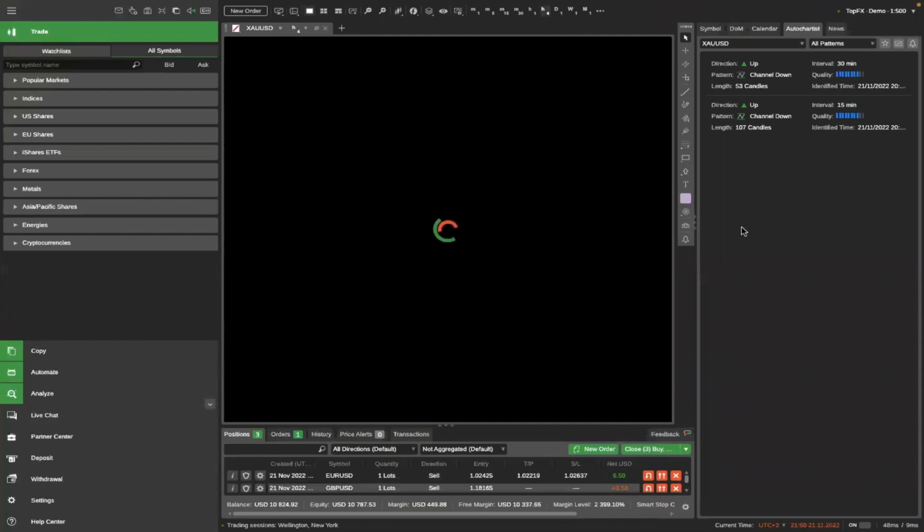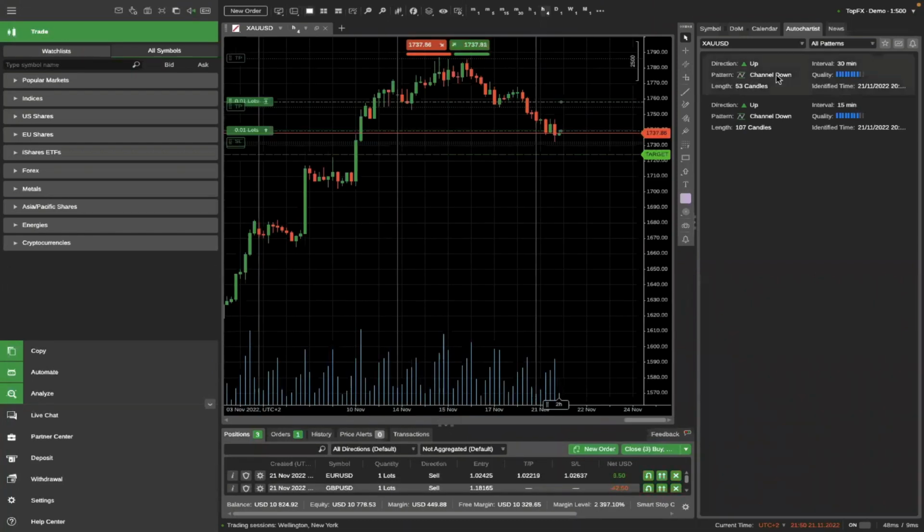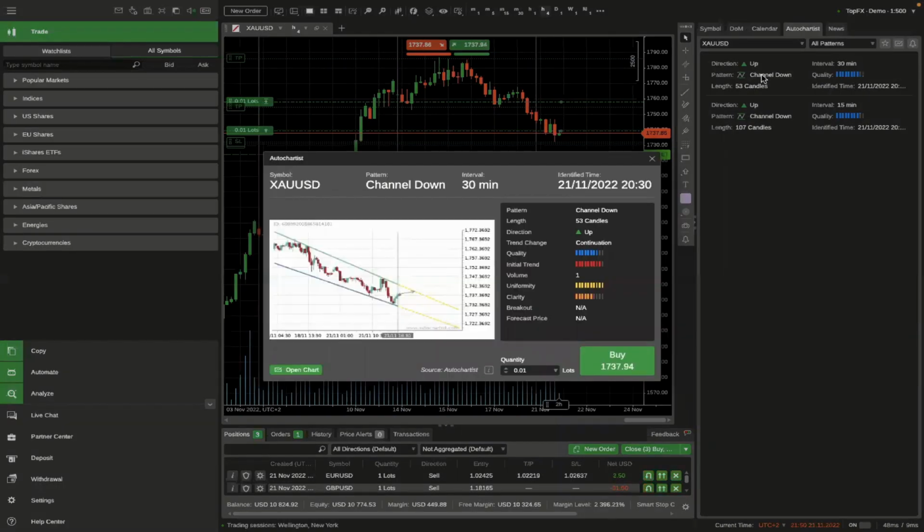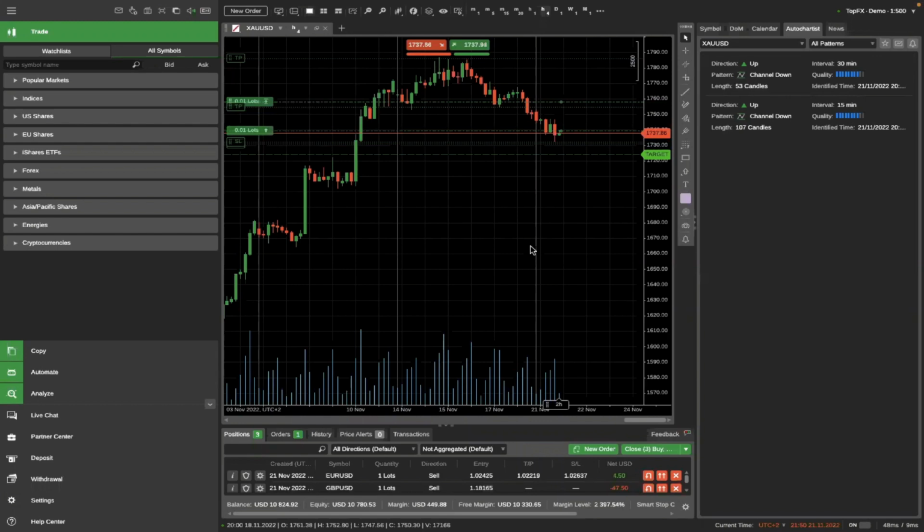That's the gold market, and as you can see, we got a channel down pattern identified on the 30-minute time frame, as you can see here. This needs a little bit more explanation, because I want to show you how you can actually trade this kind of pattern. So let me just remove all of this pending order.